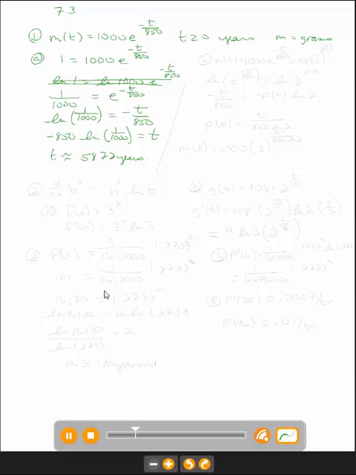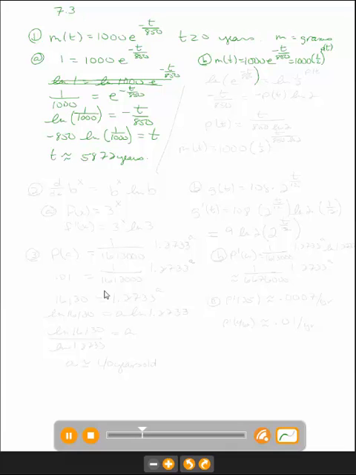Now part B wants us to write the mass function to the base 1/2. So they want us to change the function 1,000 e to the negative t over 850 into a function that uses 1,000 and then 1/2 to some p times t.